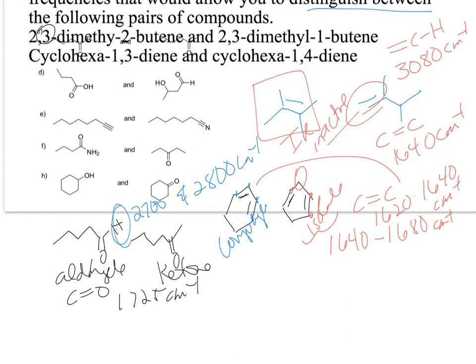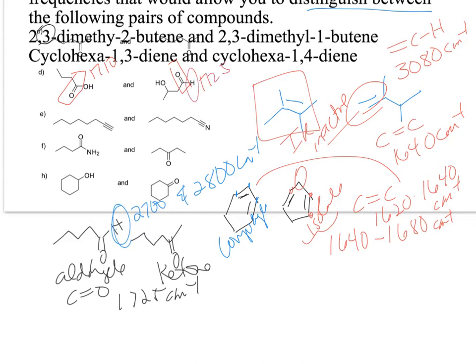Okay, so D, you have a carboxylic acid, and you have an alcohol. So for this one, the carbonyl is going to be around 1710, and the carbonyl for the aldehyde is going to be around 1725.